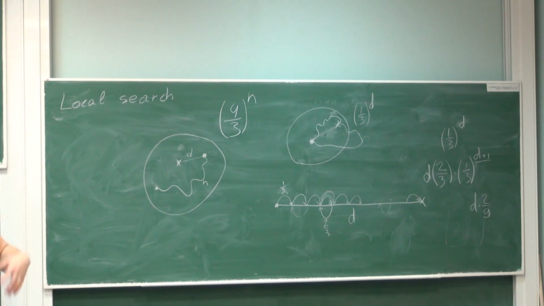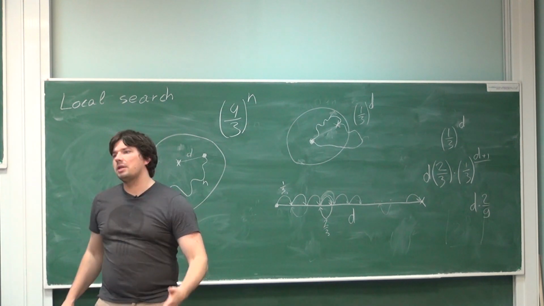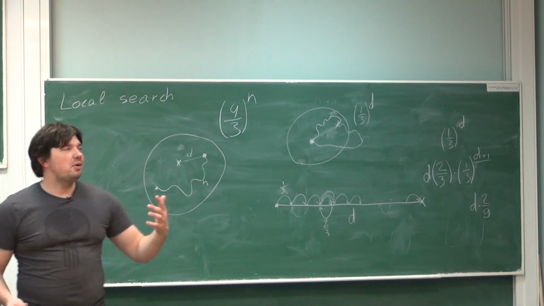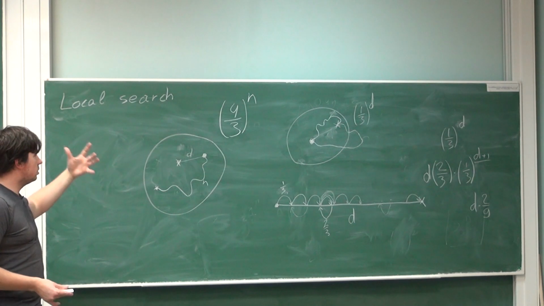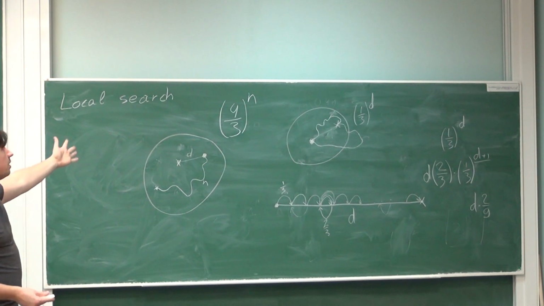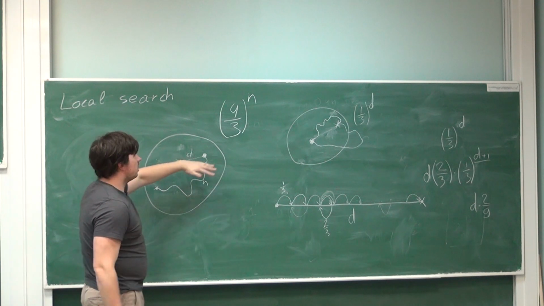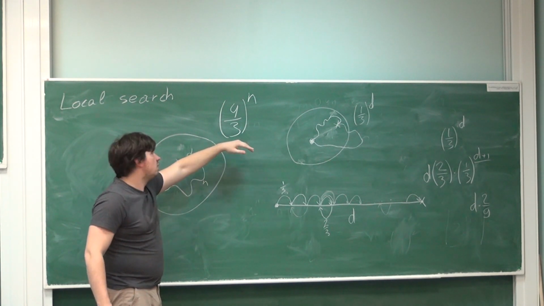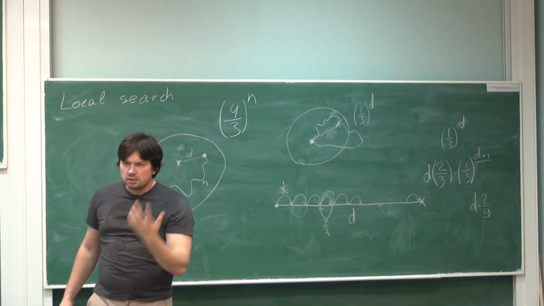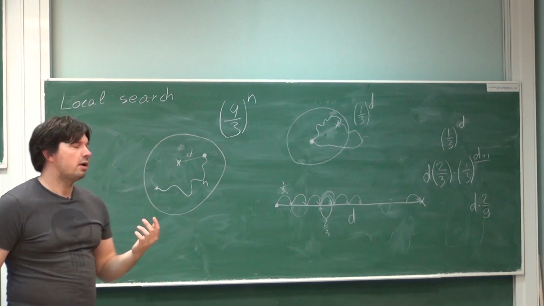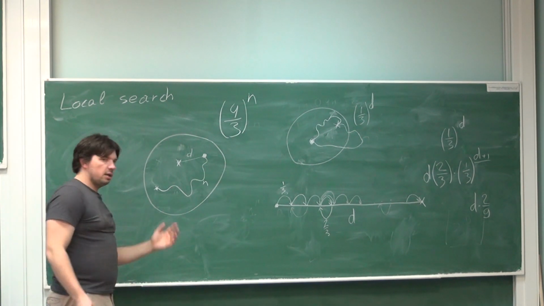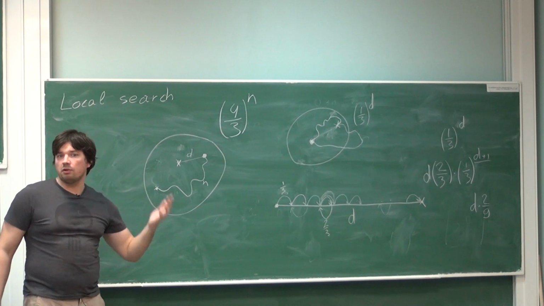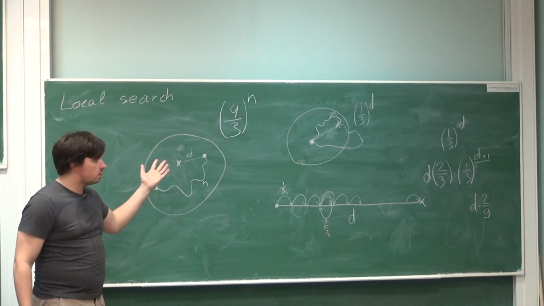I'm not interested in giving you the very specifics of how things work, but rather let's explore how beautiful are the ideas that go into the algorithms. So yes, this is the algorithm we can analyze and get that the running time is (4/3)^n, which is so much better than everything we've seen so far, right? And yeah, so this is the local search based algorithm for 3SAT, and I hope you enjoyed it.